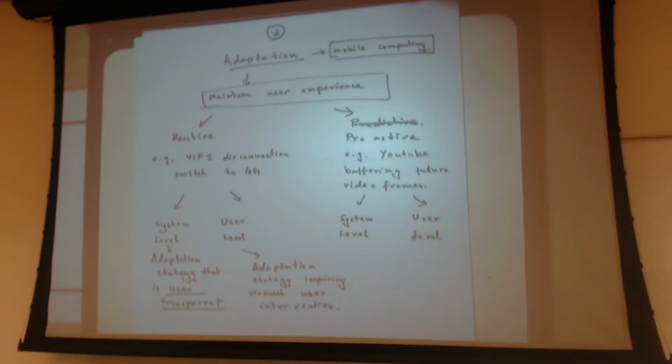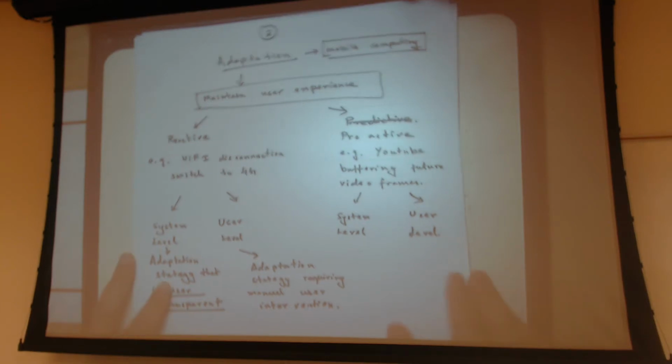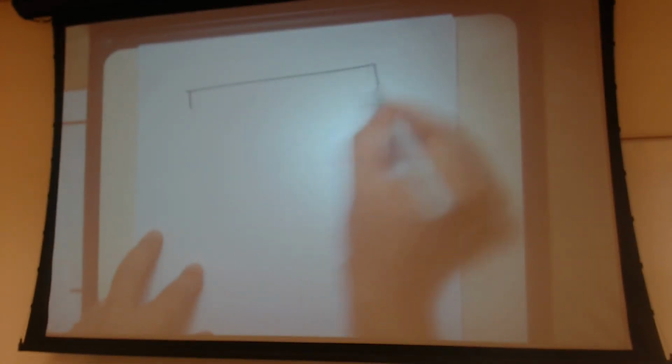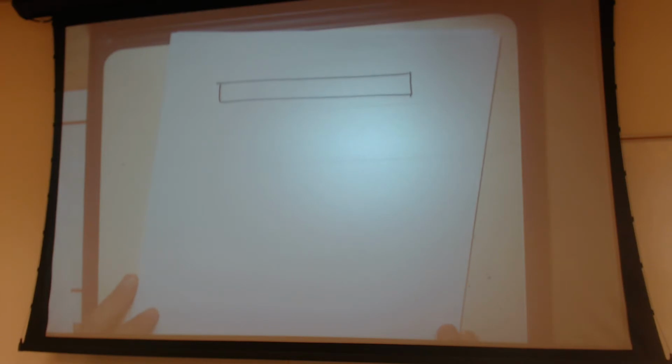Now, if we look at user experience and we have a scale, it's already tilted, but I didn't want to make it tilted. So let's say this is the scale, which is not tilted, and you have a keyboard here.